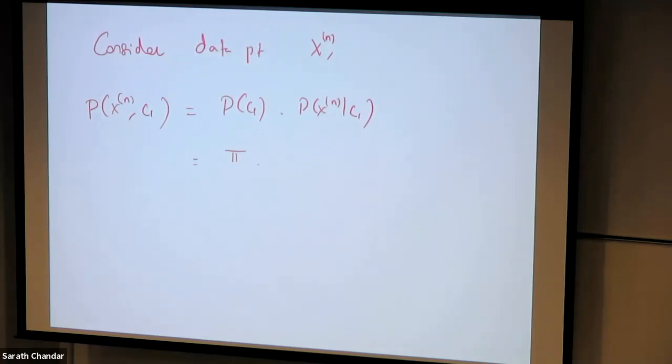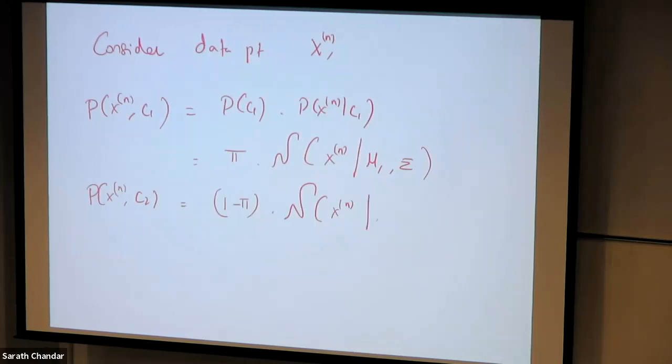So it's a Gaussian centered at xn given mu1 and sigma. Is that clear? Similarly, the probability of xn, comma, C2 is 1 minus pi multiplied by a Gaussian, but with mean mu2 and the same sigma.